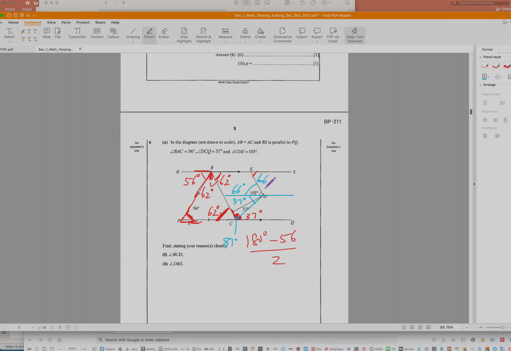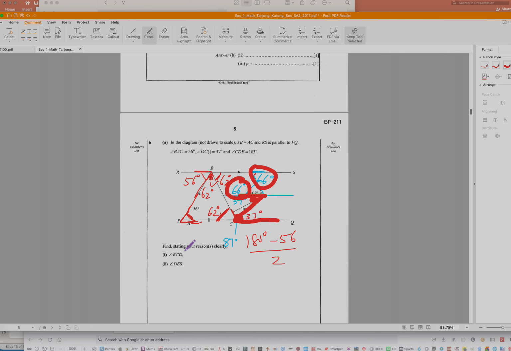Therefore this one is also 66, because it's a Z. The 37, you get it from here. This one is 37, this one also 37. So 103 minus 37, that's why you get this one 66.